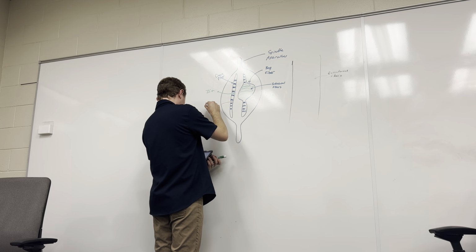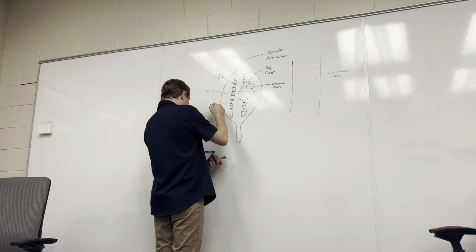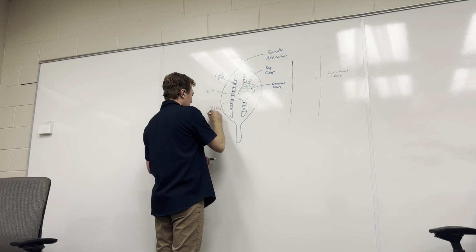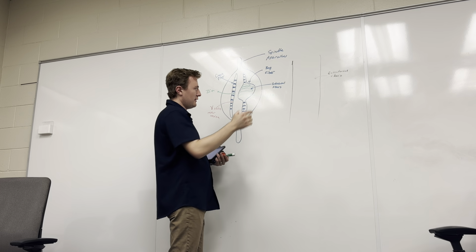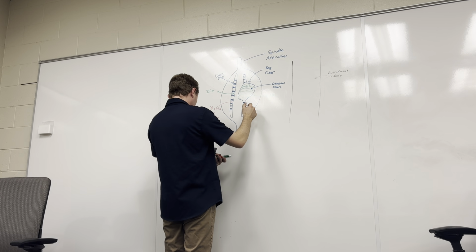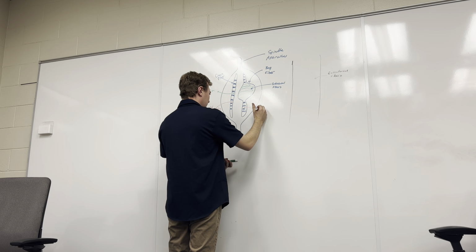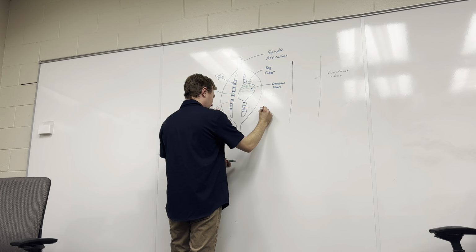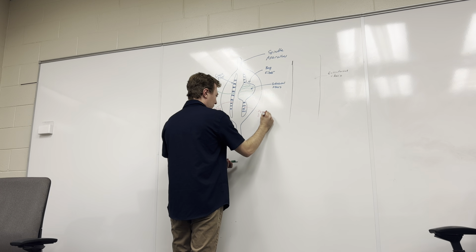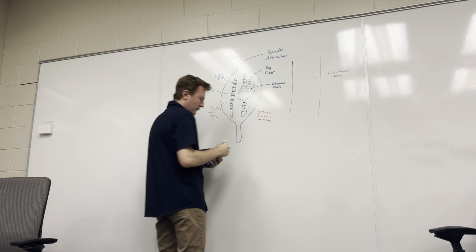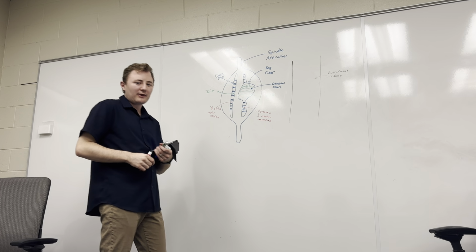So we have gamma static motor neurons. And in our bag fibers, we have what we call dynamic gamma motor neurons. So there's our terminology. There's a little bit of the anatomy there.